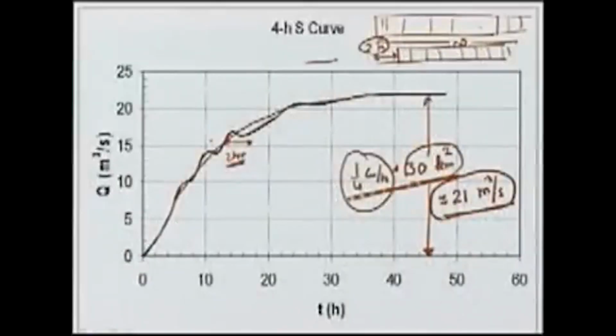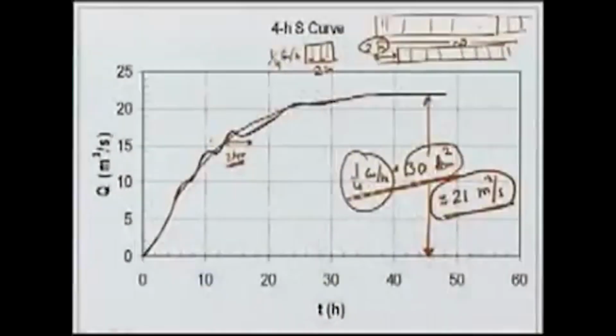And then if we take the difference of those two DRHs, the difference will be caused by a rain of 2-hour duration, 1/4 centimeter per hour intensity.